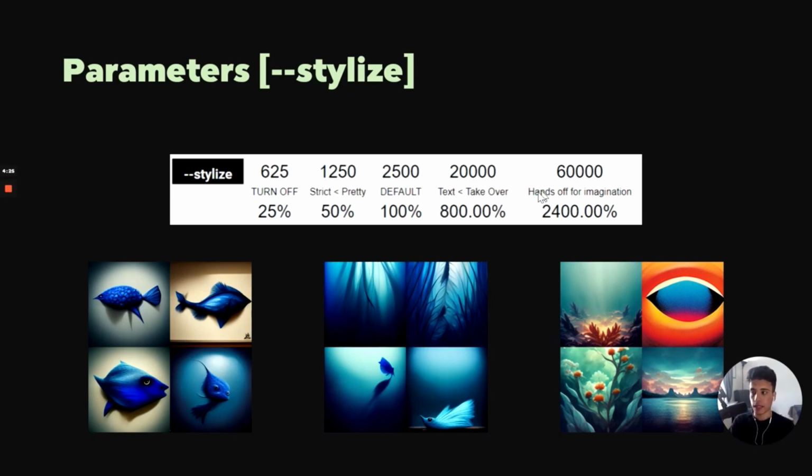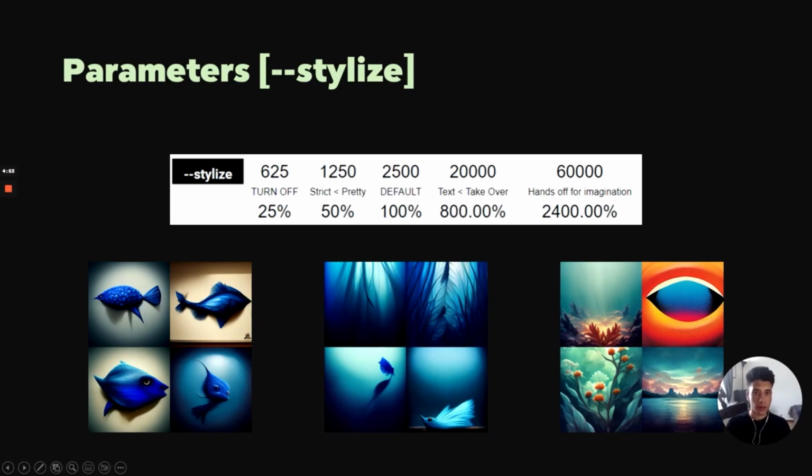Then as it says here, hands off for imagination. I put a blue fish, and I cannot see any blue fish in these 4 images. Maybe this is an eye of a blue fish, but I cannot see the blue fish itself. So it's going to give you just really random things. What I usually go for is around 5,000 or 2,500. I think that is, for me, the great balance in terms of the stylized factor.